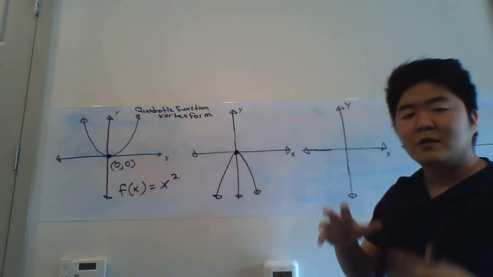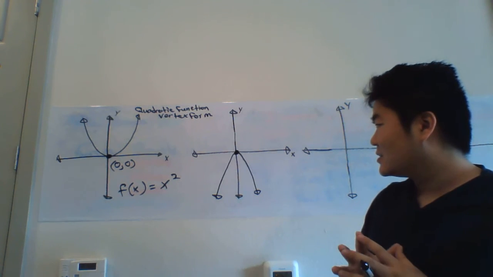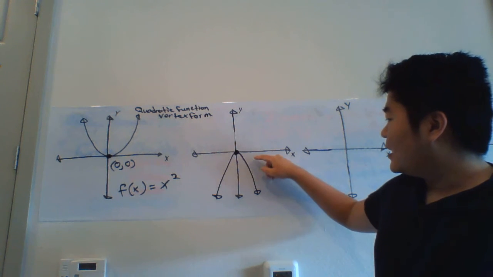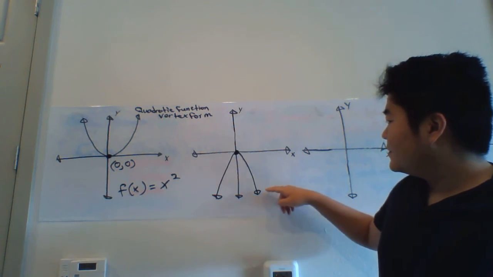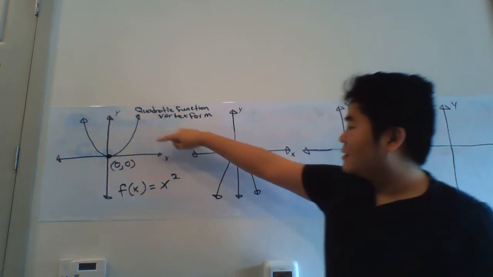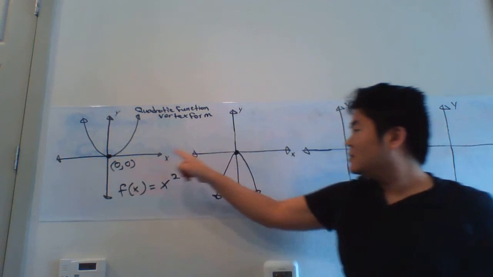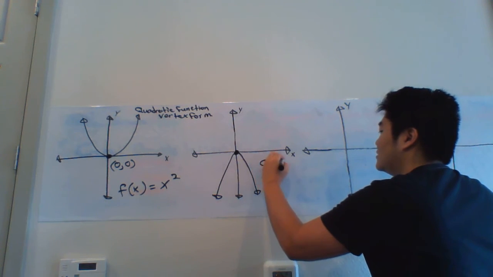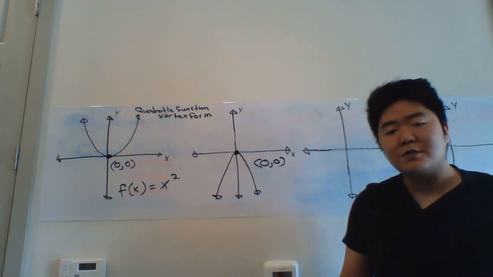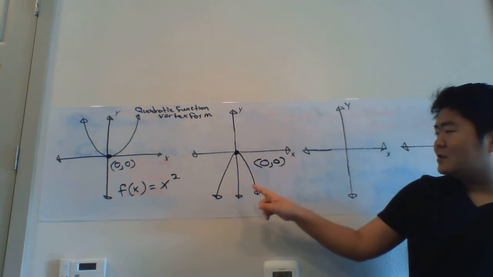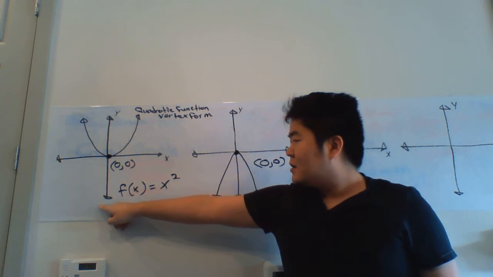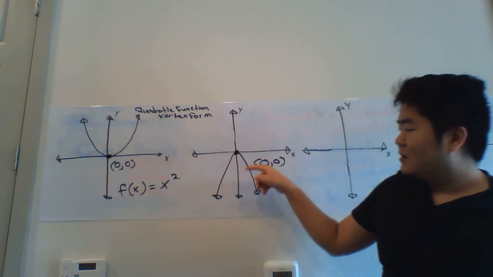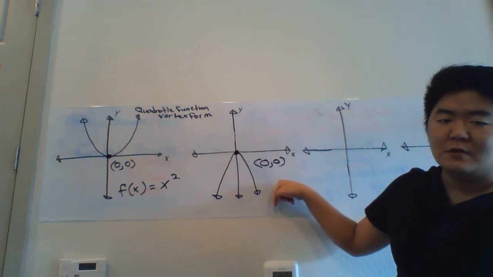All right, so let's take a look at transformations as well. So we're looking at this one right here. And if you compare this one to this one, you see that the vertex is still at 0, 0, which is good. But they look a little different here, right? That one is facing up. This one is opening downwards.